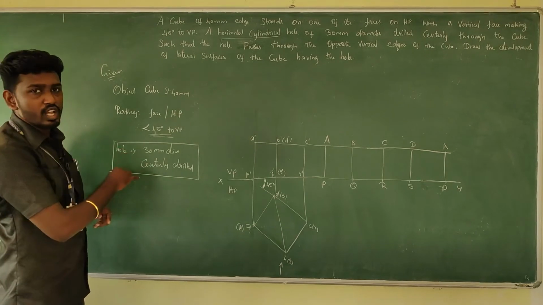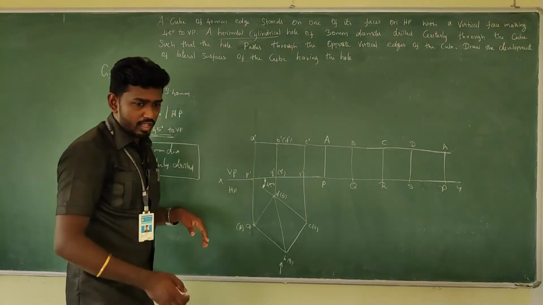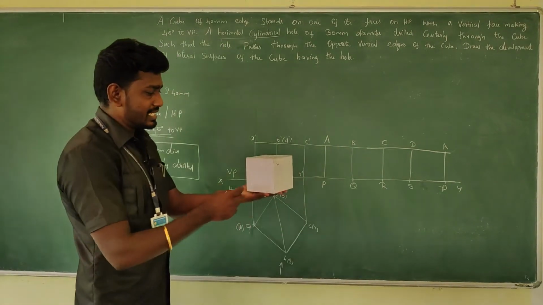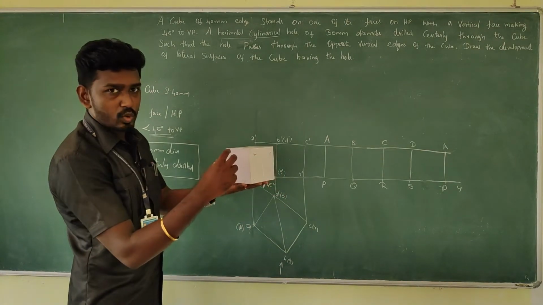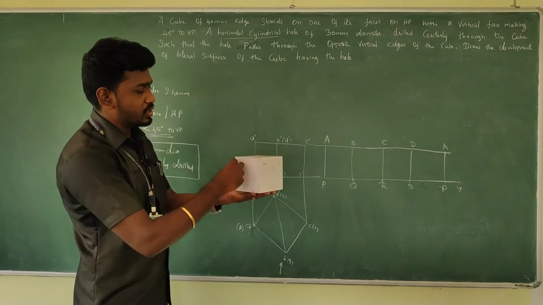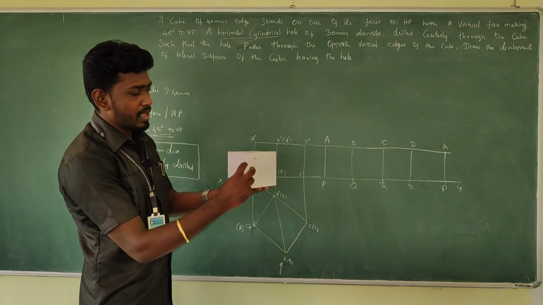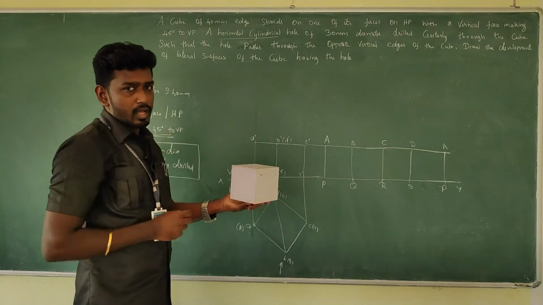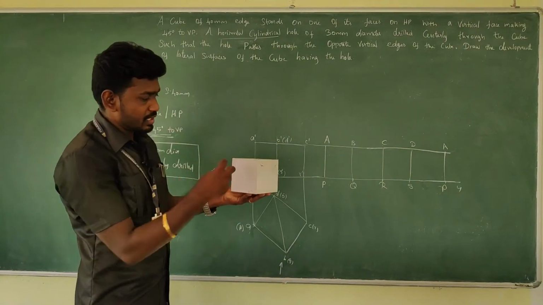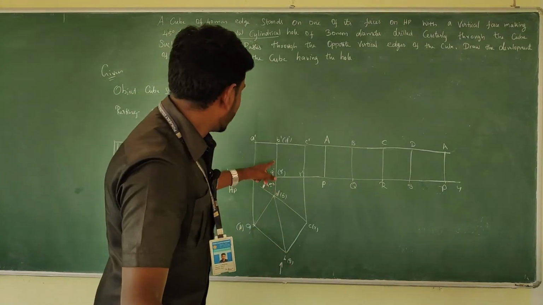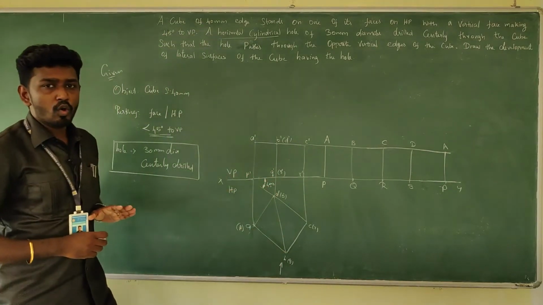It is drilled through the object. So at the center of the cube there is a circular hole, a through hole, which passes from the front face to the rear face. So centrally we need to form a hole.